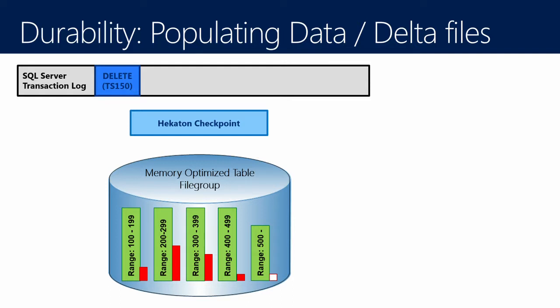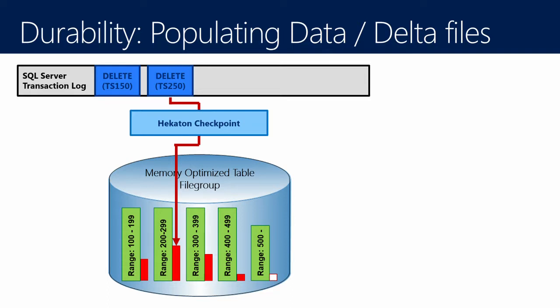So we have a delete operation, it's modifying something at timestamp 150. So when Hackathon does its checkpoint, basically what it's going to write is a piece of information to the delta file for that timestamp. So at 150, a record was modified. Then over here, we have another operation coming in, which is a delete 250. So again, we're going to write that to that red file.